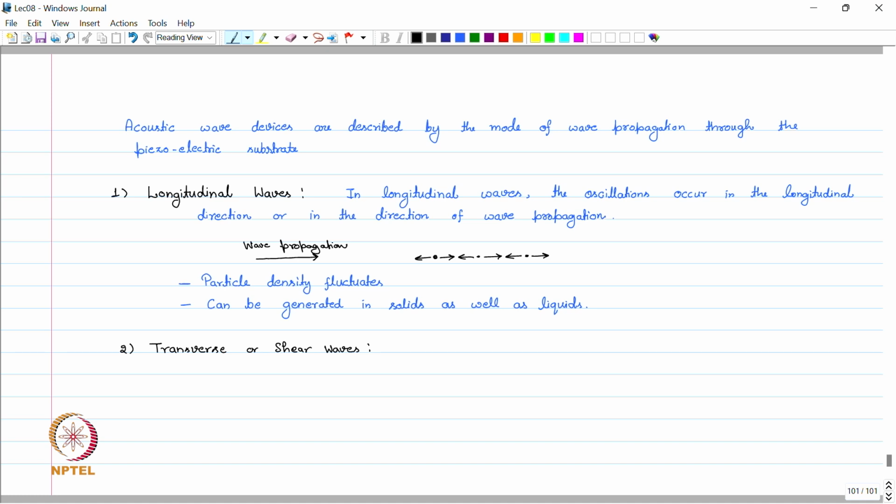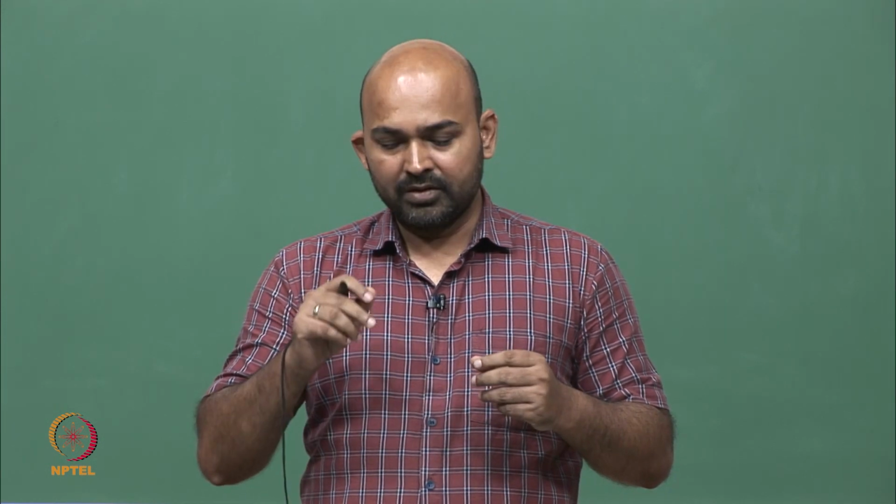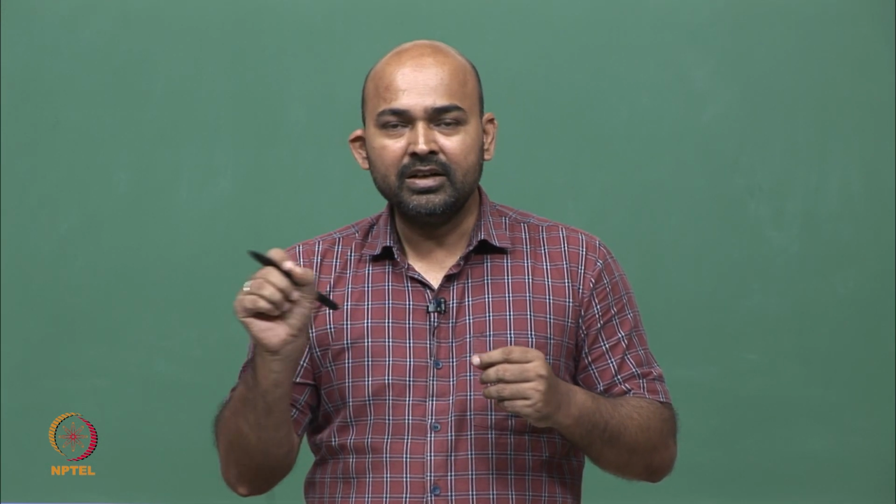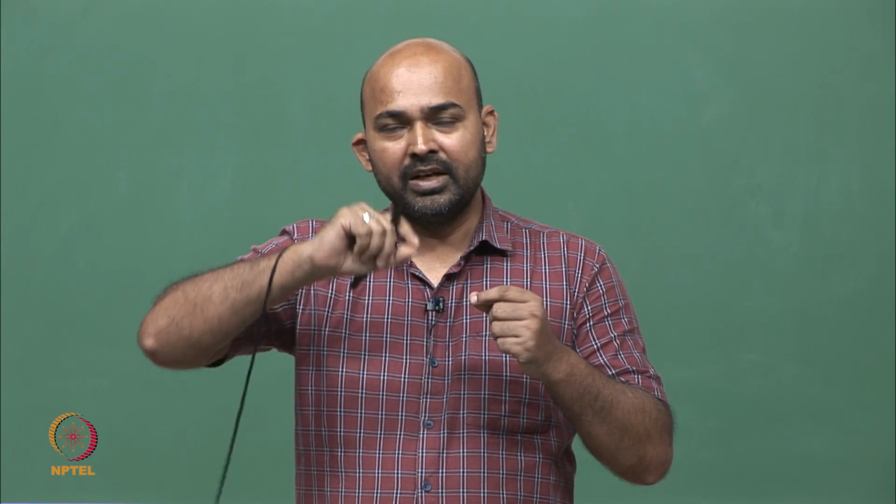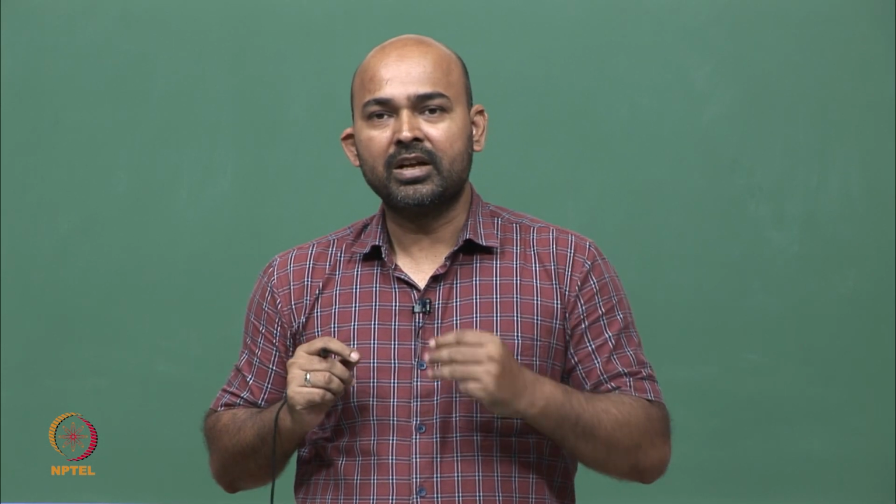These are the waves where, when the wave travels in the x direction, the atoms of the material do not oscillate in the x direction, but oscillate perpendicular to the wave direction.